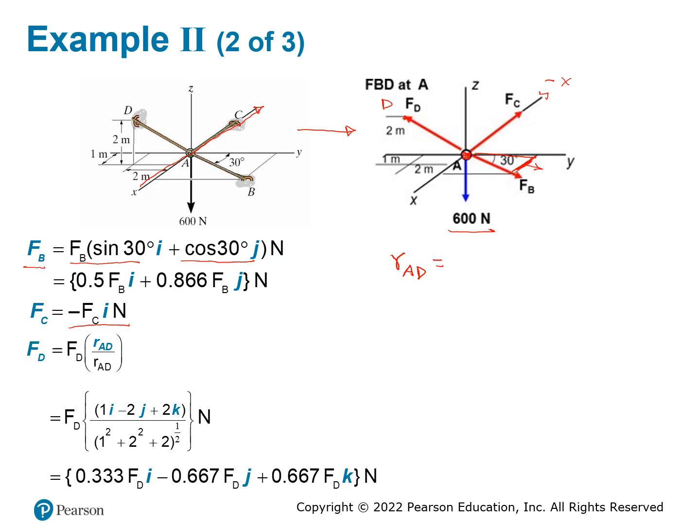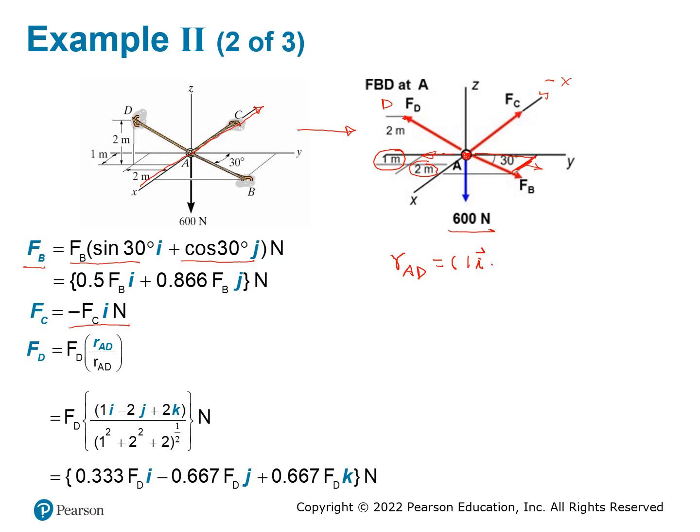Okay, so this A to D is D minus A. So what is the coordinate of the D? The coordinate of the D has x to be 1 meter from the origin, going in the positive x. So this is 1 times I. The y component is going to be 2 meters, but it's going to be negative 2 because this y here goes in this direction.